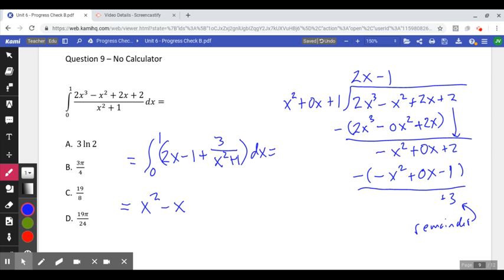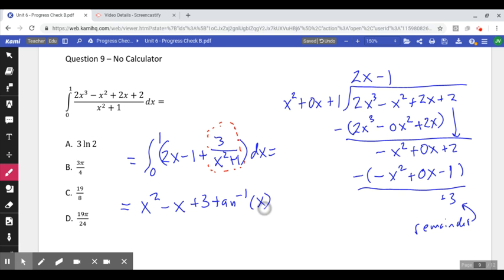Next, we'll move on to the third term. And the third term right here looks to me kind of like one of those inverse trigonometric functions. So if you recall from your work with derivatives of inverse trigonometric functions, we can bring that 3 out to the front. And then we have the inverse tangent of x.